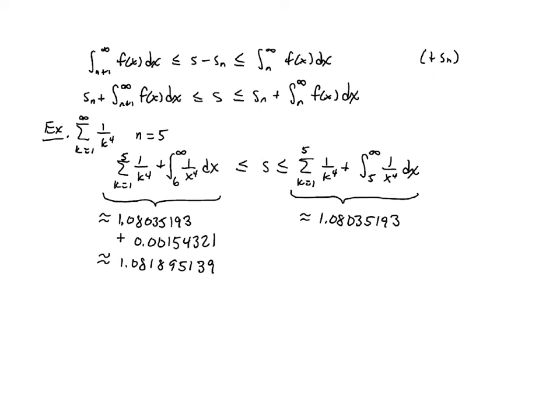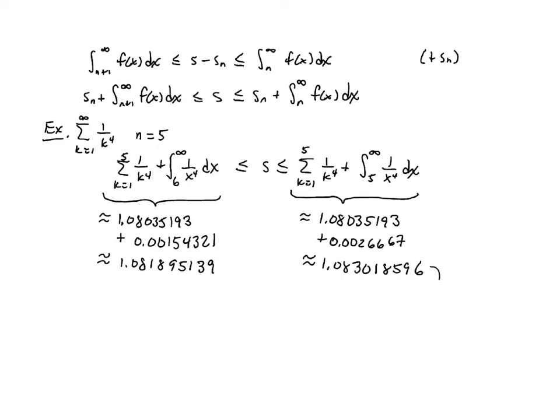Those are coming from the computations that we did on the previous page, plus another computation we did on a previous page, which is 0.0026667. And so this right-hand side is approximately 1.083018596.